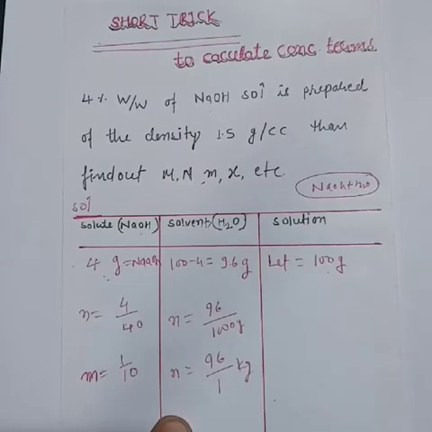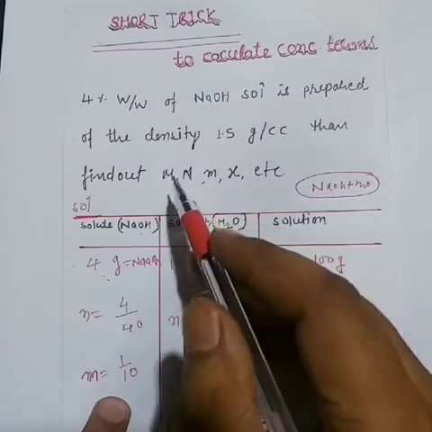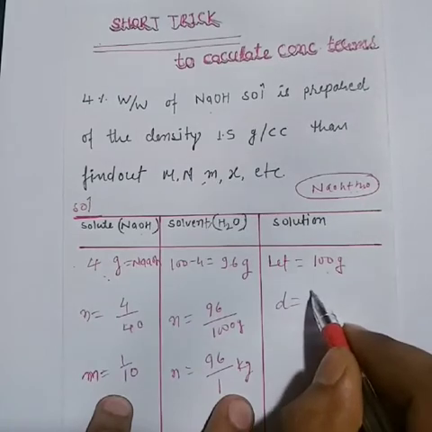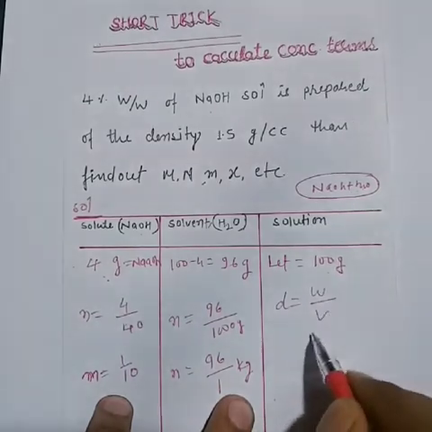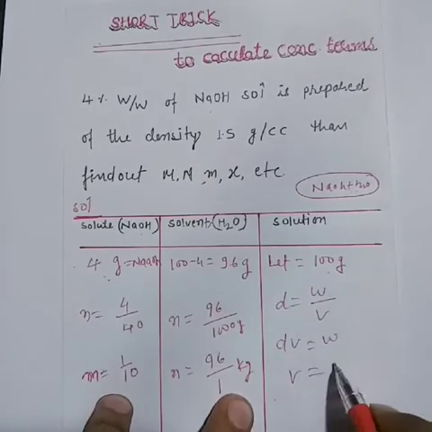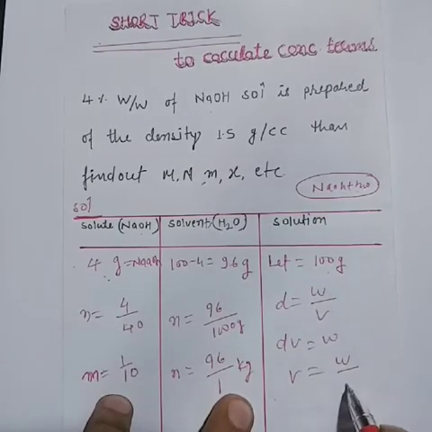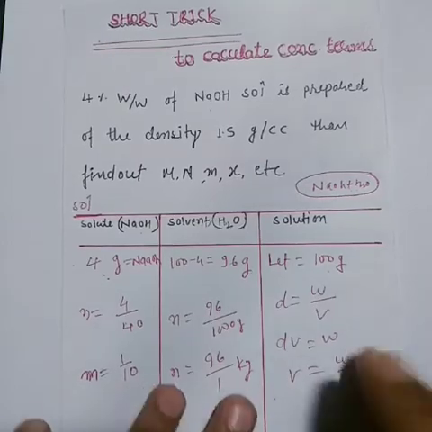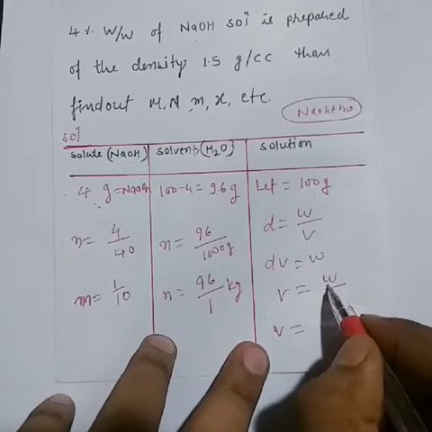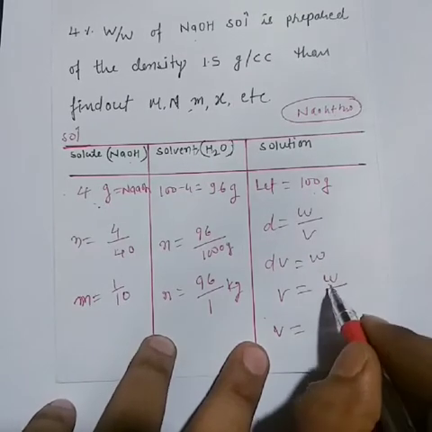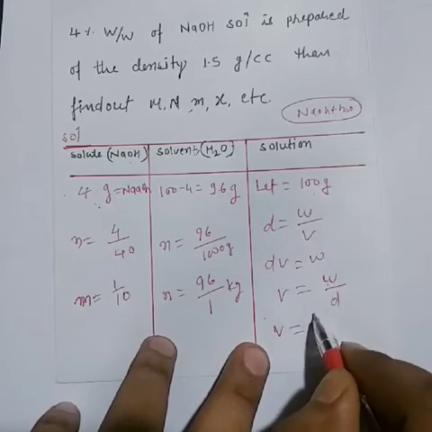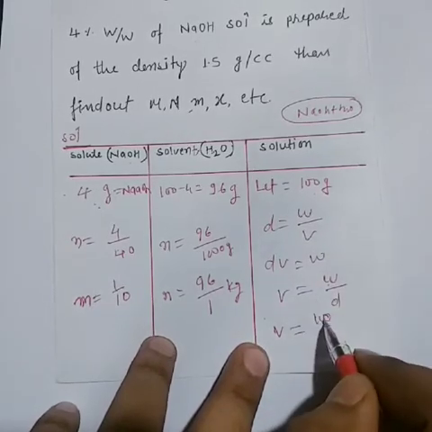And the last thing: the question mentions density. So what is density? Density equals weight upon volume. So V equals W upon D. Now you can put the formula. V equals, what is the W? The weight, that means 100 gram, which we consider just here.